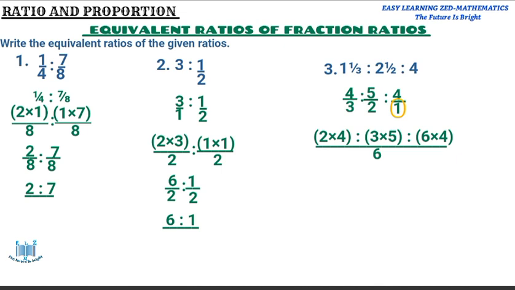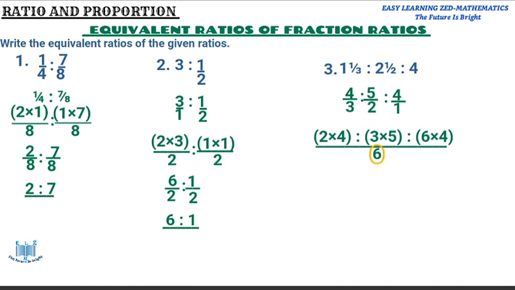Once we have done that, we can now go ahead and multiply these numbers which are in brackets. You should also remember that we can leave the 6 out at this stage. The 6 I'm talking about is the one I've circled. When we leave it out, we just ignore it, since all those fractions have a common denominator of 6.